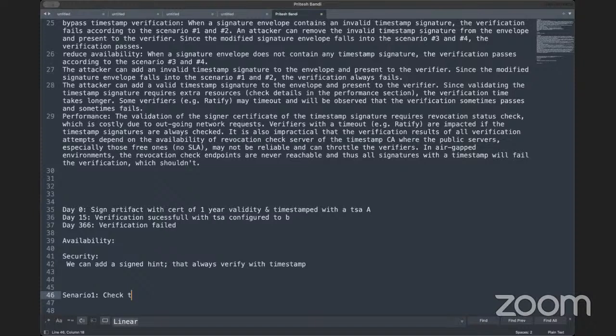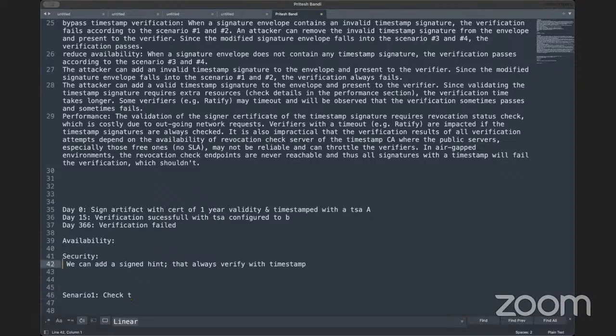But if the timestamp is signed by a signer, then the trust is fixed. So in both cases, there's no chance for the attacker to change the trust. Yes, in both cases, whether you verify the timestamp every time or only in the scenario when the signing certificate is expired, it applies to both use cases.